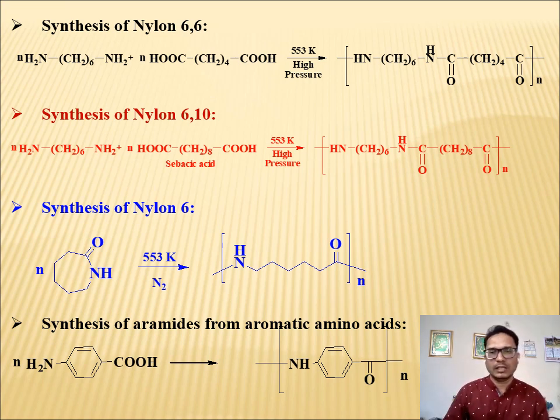Nylon 6 is synthesized from the lactam, epsilon caprolactam, when heated at 553 Kelvin in a nitrogen atmosphere. It is converted into the polymer nylon 6. Similarly, the aramids can be synthesized from aromatic amino acids as shown in the reaction.